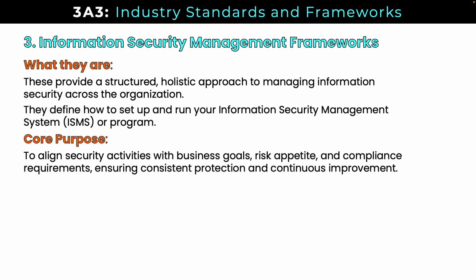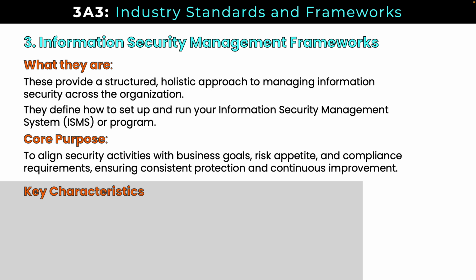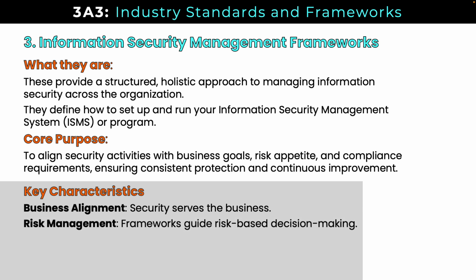So the key characteristics of an information security management framework are business alignment, ensuring security serves the business; risk management, which will guide us in our decision making around risk. And they can also help us in defining roles and responsibilities, establishing clear accountability.